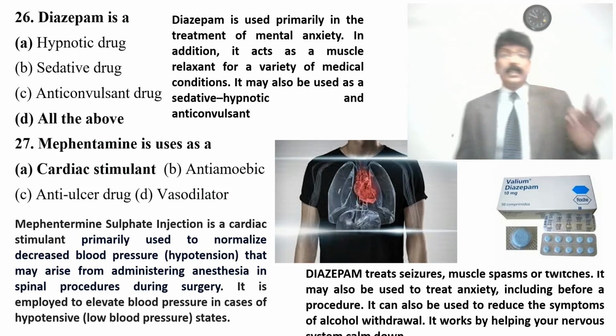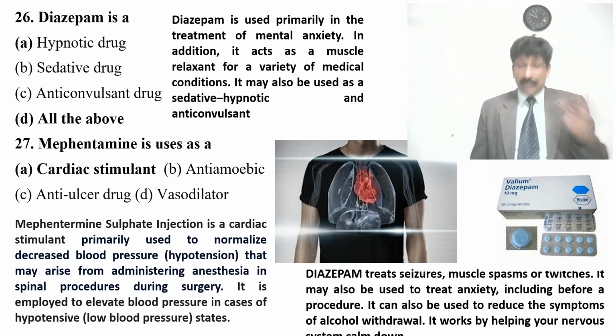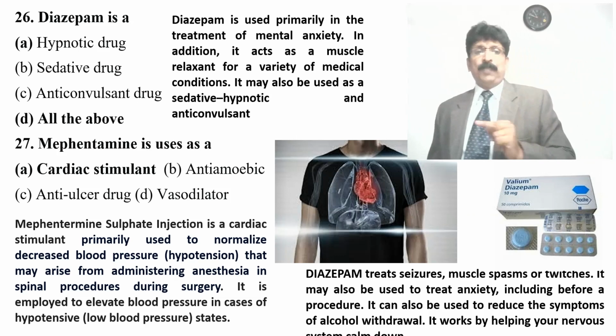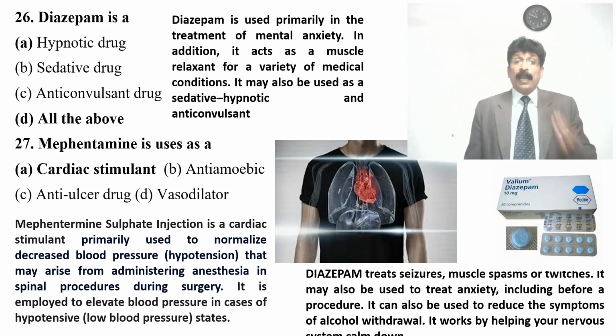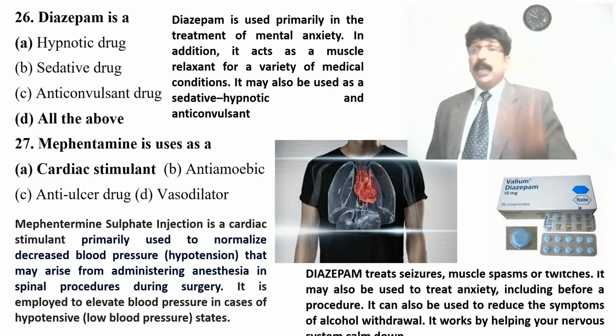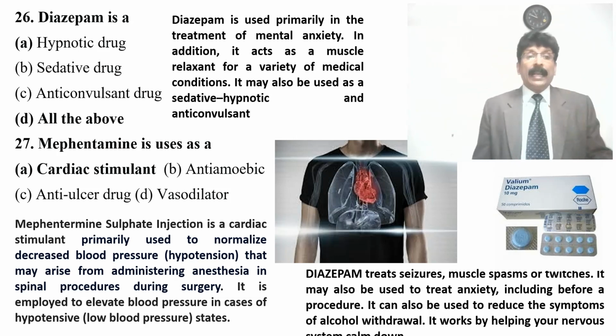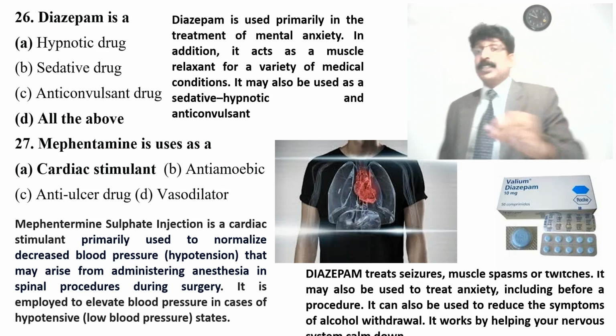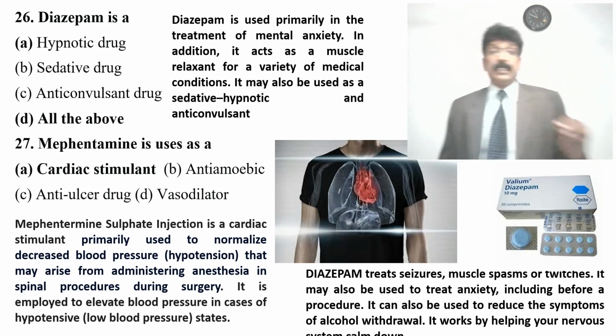You can see mephentermine sulfate injection is a cardiac stimulant primarily used to normalize decreased blood pressure, hypotension, that may arise from administration of anesthesia for a patient in a spinal cord procedure.